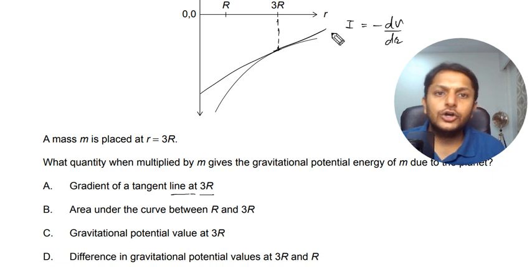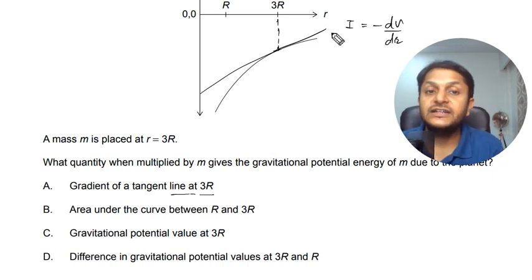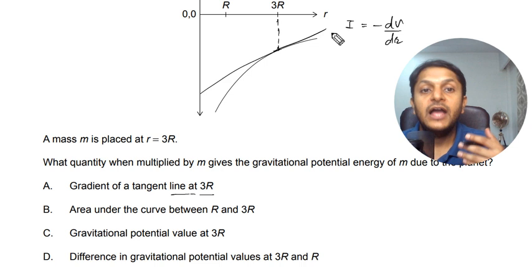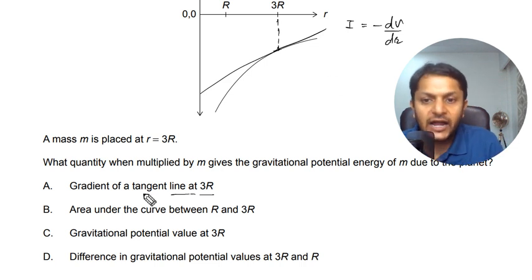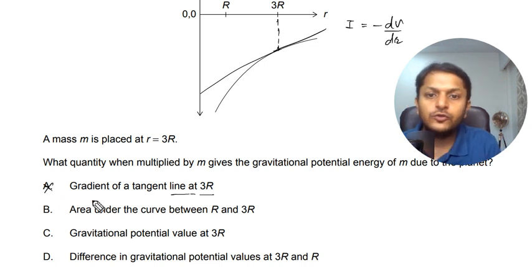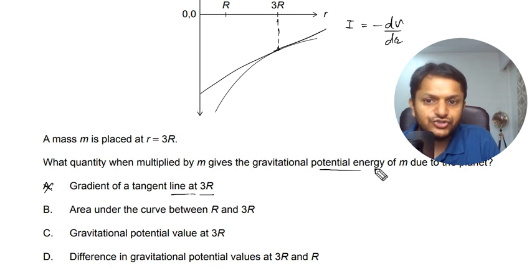So you would be finding the gravitational field intensity, or you can say gravitational acceleration at that point. That will be because of the gradient, but we don't want it. We want to find the potential energy.